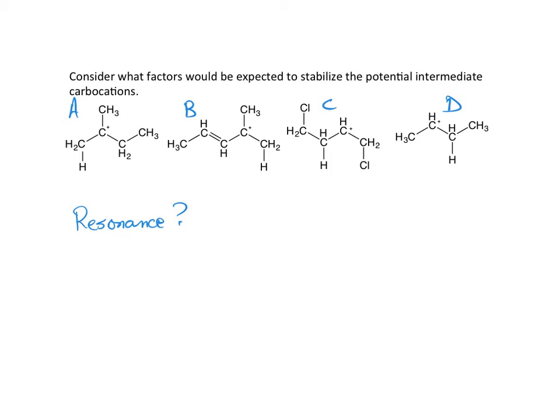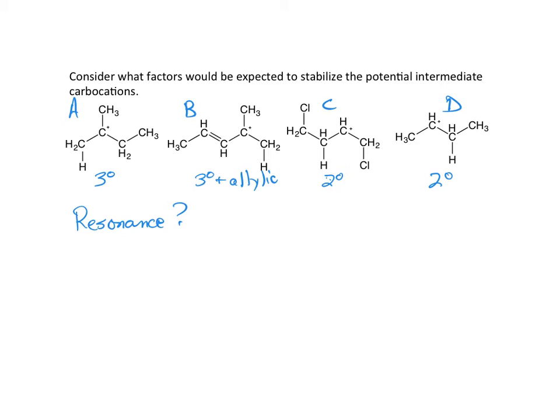Well, again, let's go through our characterizations. We said this one was tertiary. This one was tertiary plus allylic. This one was secondary. And this one was also secondary. Okay?